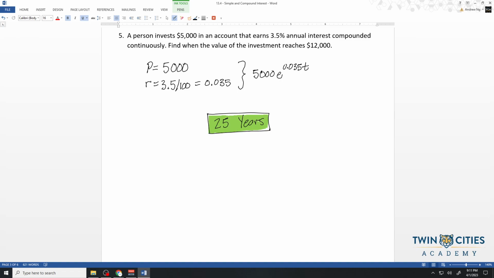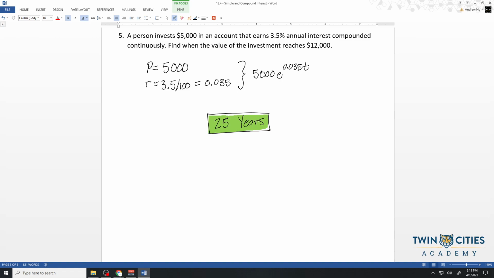All right, and so that covers our interest lesson. Remember that there are 3 types of compound interest. The first type is when you're going to just compound once per year. So this will say annually. The other type is going to be compounding multiple times per year. So this will say semi-annually, monthly, quarterly, daily.